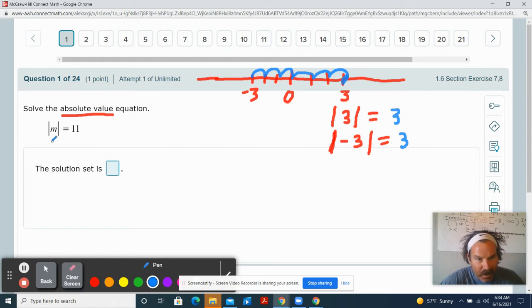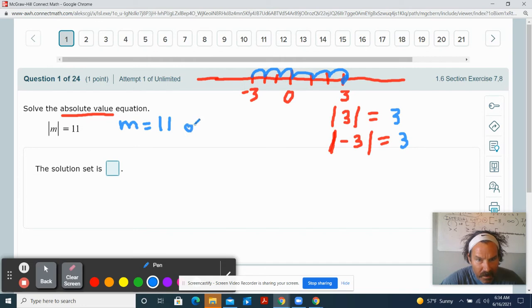If we look at this problem here, it has a variable inside. It says the absolute value of m equals 11. That means m is going to equal 11, because the absolute value of 11 is equal to 11.